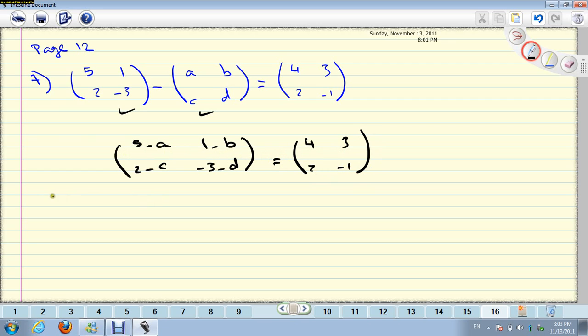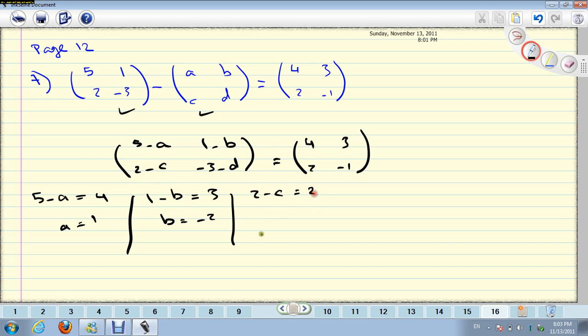So 5 minus A equals 4, which means that A equals 1. And 1 minus B equals 3, which means that B equals negative 2. 2 minus C equals 2, so C equals 0.